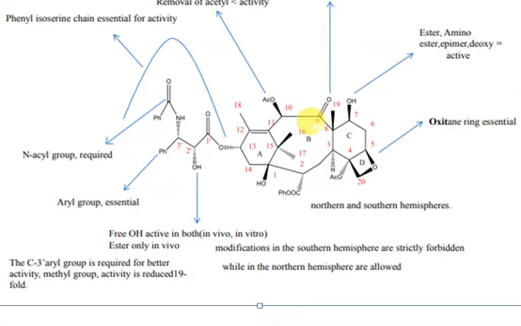However, modifications in the northern hemisphere are allowed. You can carry out modifications in the northern hemisphere, but in the southern hemisphere you don't have many options for modification, right? So with this structure activity relationship, we now know that we cannot remove this oxetane ring.